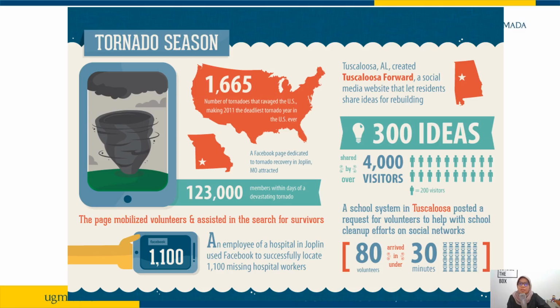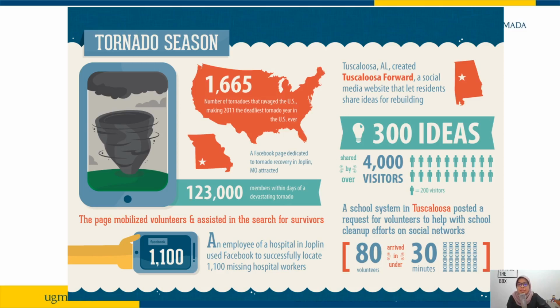Also there's a case in Tuscaloosa, in which a social media website called Tuscaloosa Forward was created that let residents share ideas for rebuilding after the disaster happened. Surprisingly, there were 300 ideas shared by over 4,000 visitors.